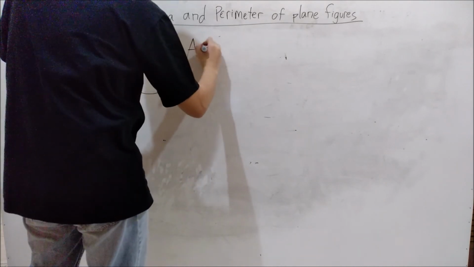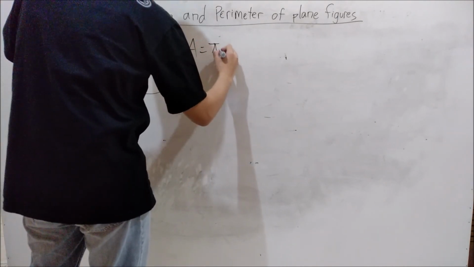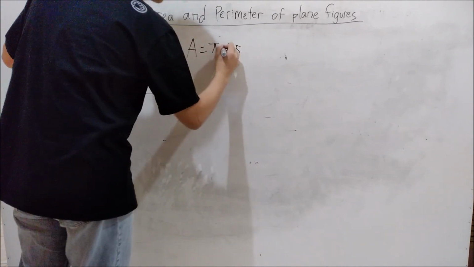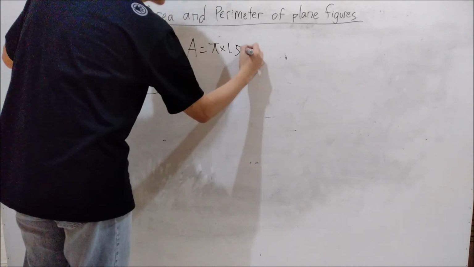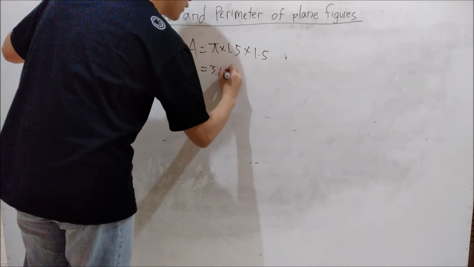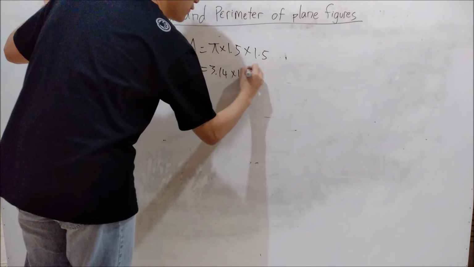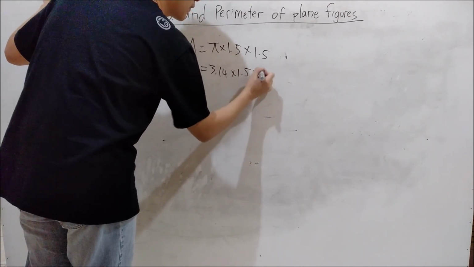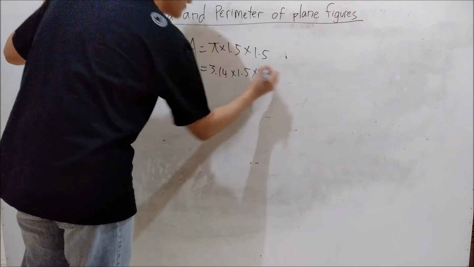The area of the circle will be pi r squared. The r will be 1.5. I'm sorry, I will change it into times 1.5. You will use the pi as 3.14 times 1.5 times 1.5.